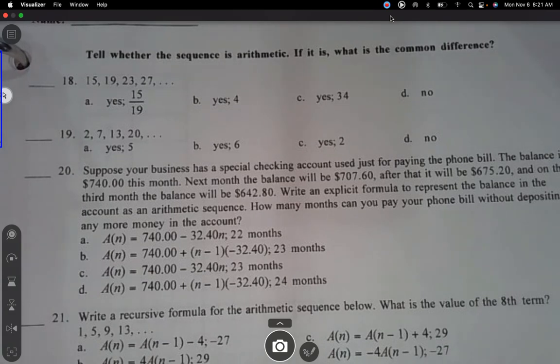To go from 15 to 19, what did I add? Plus 4. To go from 19 to 23? Plus 4, and then again plus 4. So is this one arithmetic? Yes. And what was I adding this time? 4.